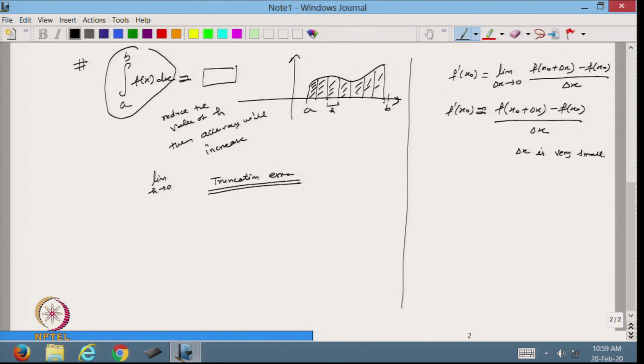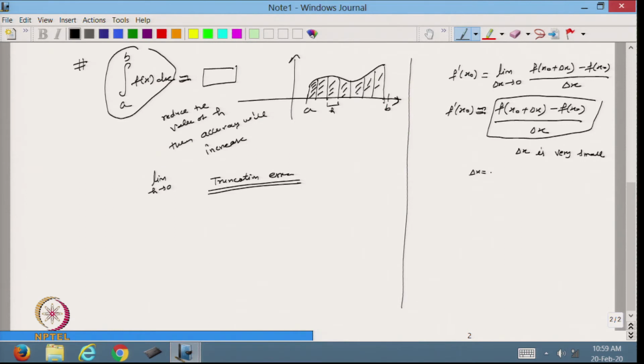In this case I am approximating the derivative of the function with the factor on the right hand side, and I am writing that delta x is very small, because delta x here tends to 0, but in the computer I need to choose a very small value of delta x.